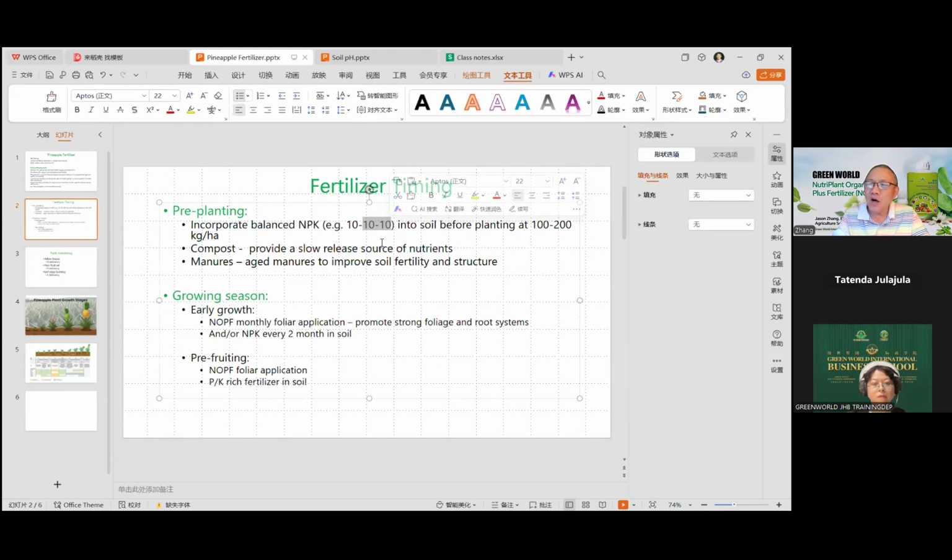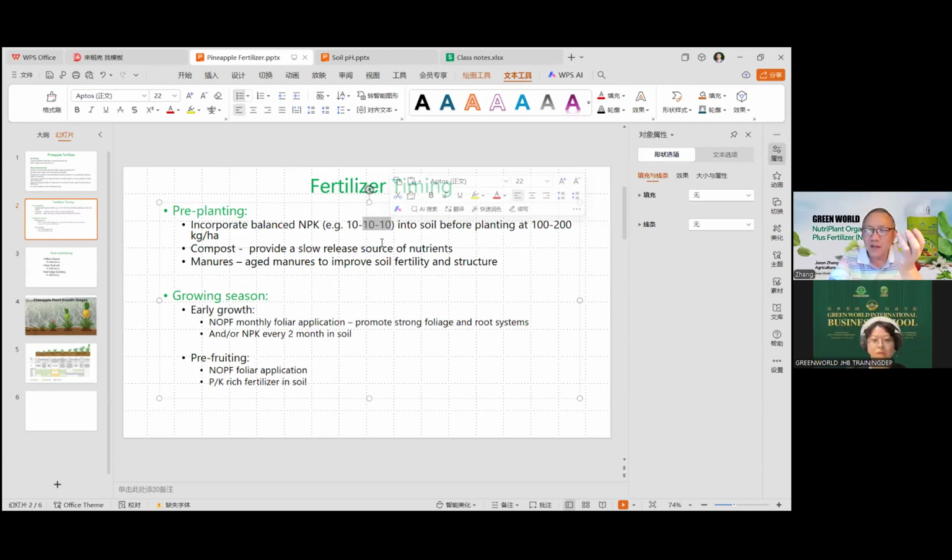If you are not doing organic farming, and not selling your products labeled as organic, you can combine conventional fertilizer and organic fertilizer, a good integration. Put your conventional fertilizer in the soil before planting.